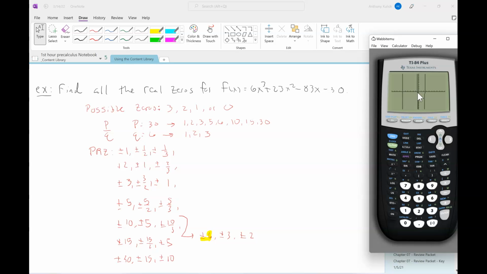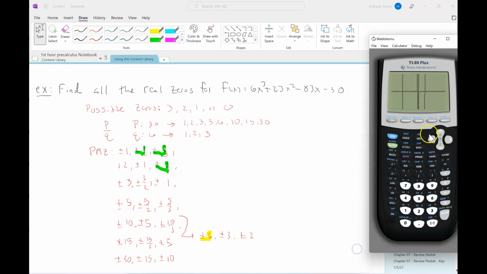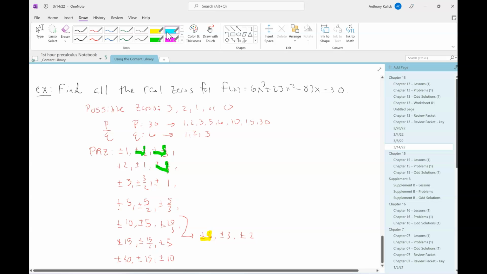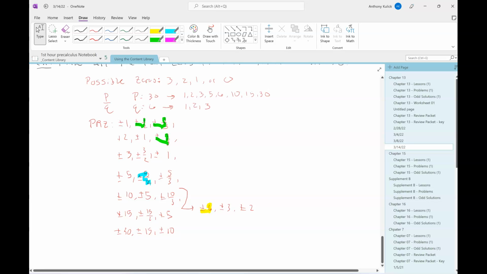I don't know for sure where that is, other than it's in between 0 and 1. Everybody's okay there? And then over here, this looks like between 2 and 3. So that could be 2.5, that's probably it, right?